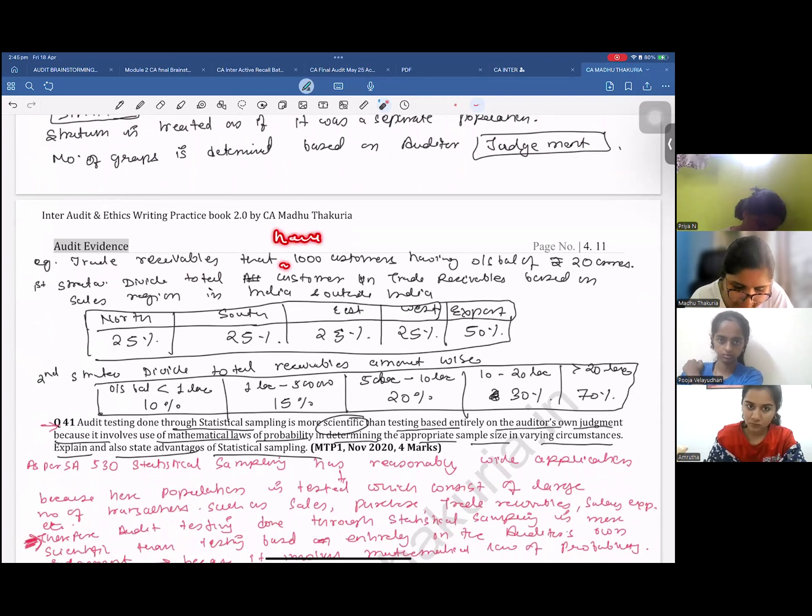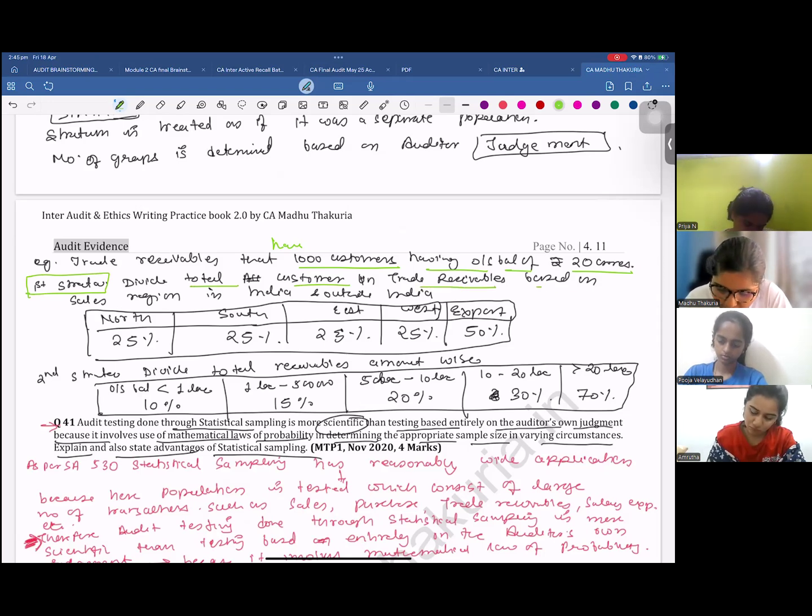Trade receivables that have 1,000 customers having an outstanding balance of 20 crore. In the first strata, I divide the total 1,000 customers' trade receivables based on sales region in India or outside India, such as north, south, east, west, and export.